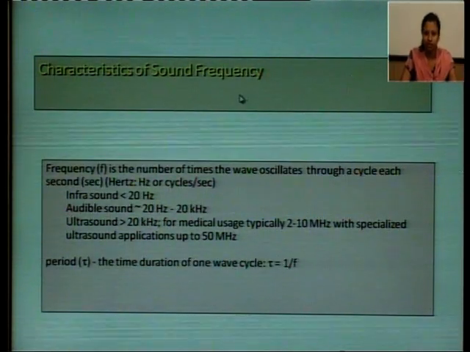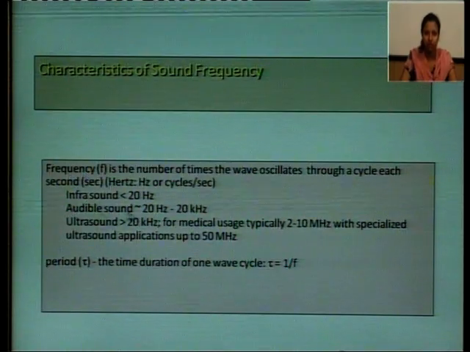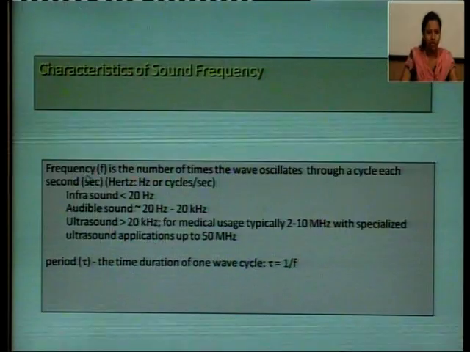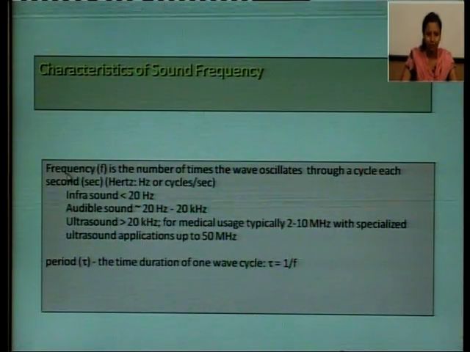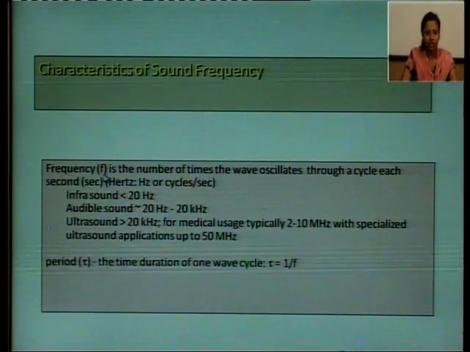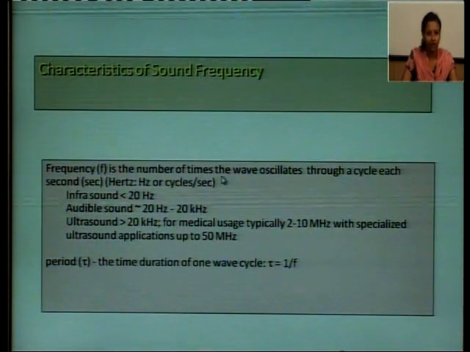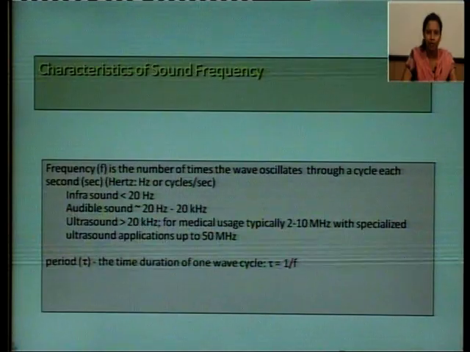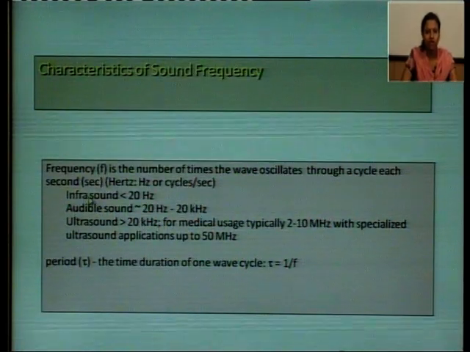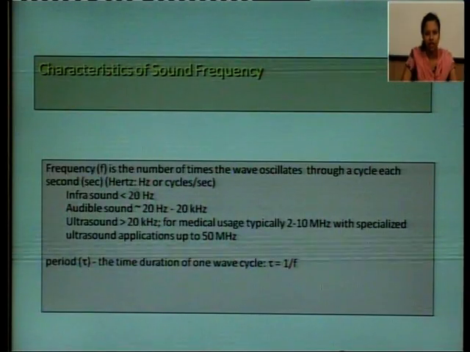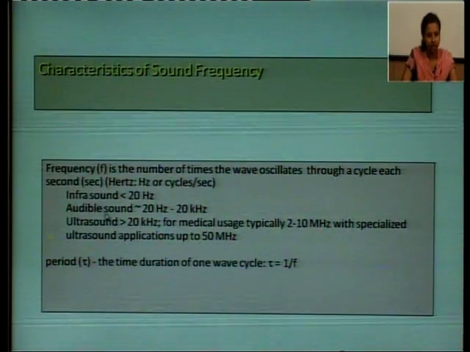Different characteristics of sound: frequency. First we will define what frequency is, and this is a very important concept. Frequency is denoted by f. It is the number of times the wave oscillates through a cycle each second, and its unit is hertz or cycles per second.